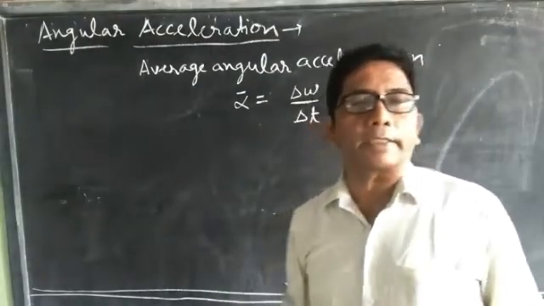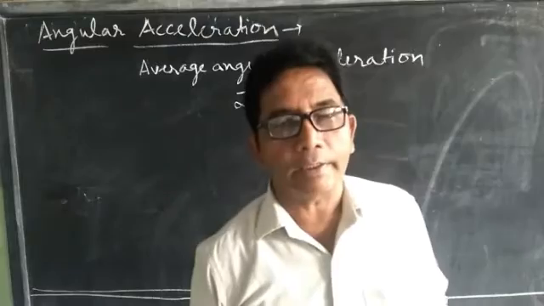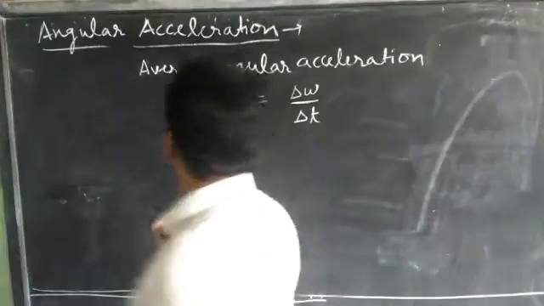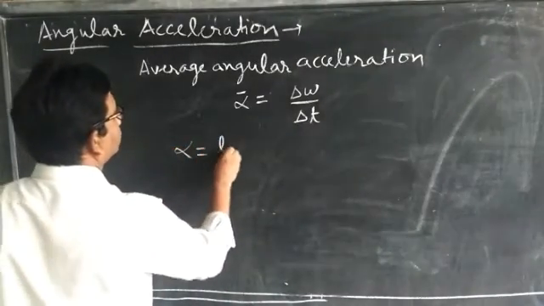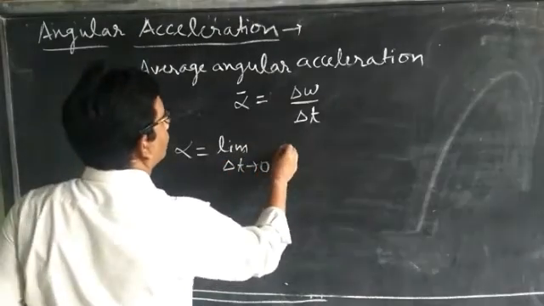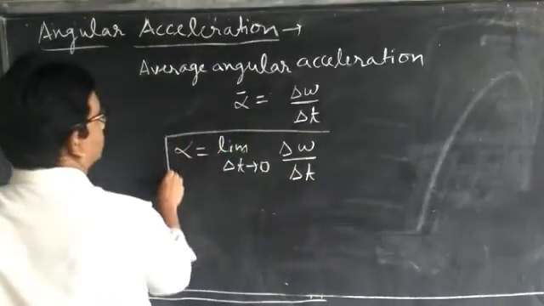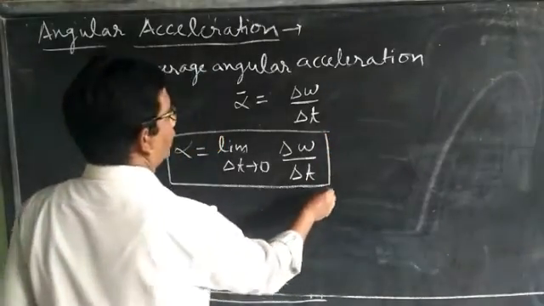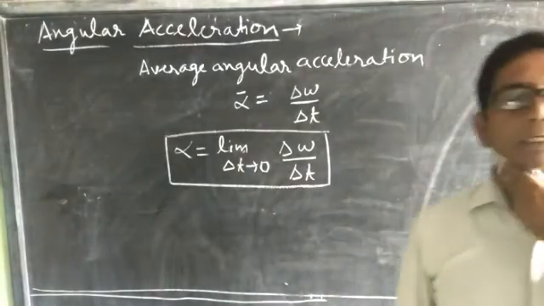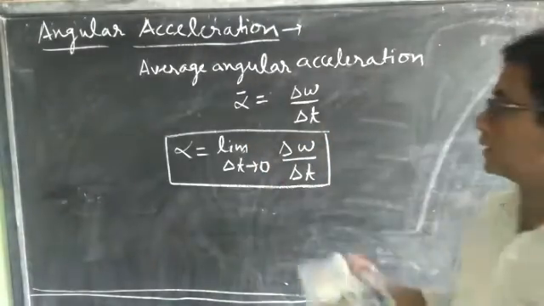That is, alpha is equal to limit delta t tends to 0 of delta omega upon delta t. This is angular acceleration.